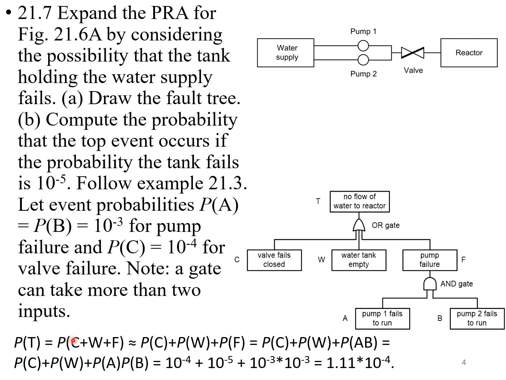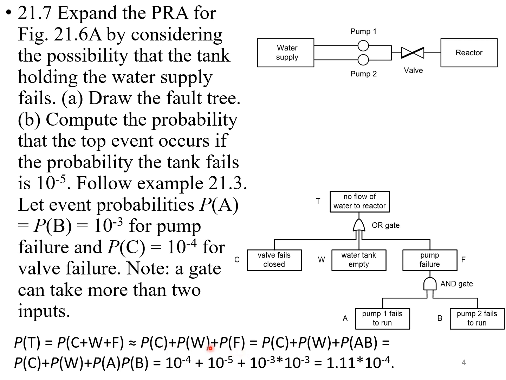Then it is approximated by PC plus PW plus PF. This is due to the rare event approximation. If you want, you can also use the full equation. It will not change the result that much.